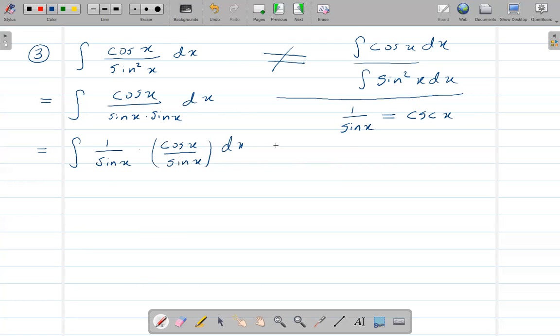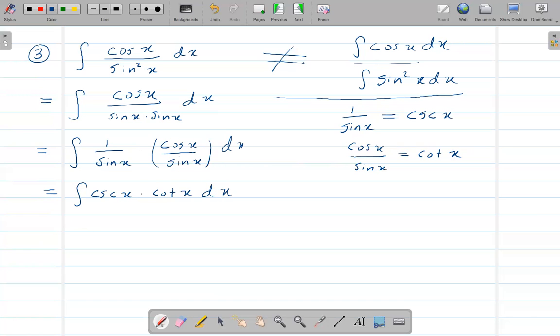All right, and also cosine x over sine x is cotangent x. All right, so that means this one I can replace by 1 over sine, by cosec x, and cosine x over sine x, we can replace that by cotangent x and dx.